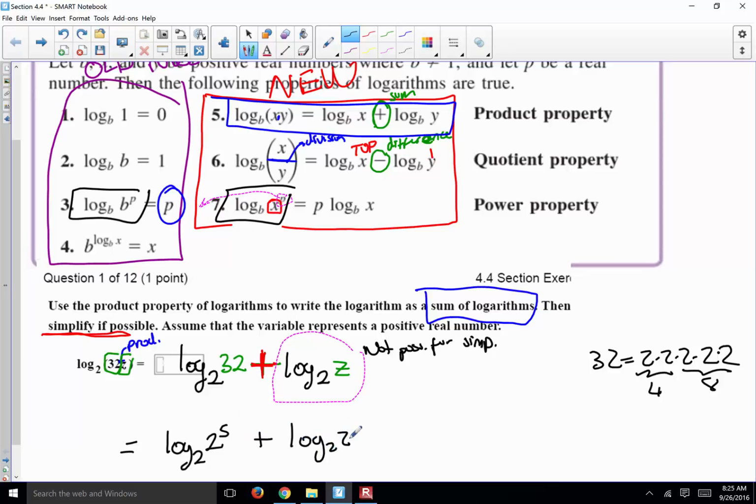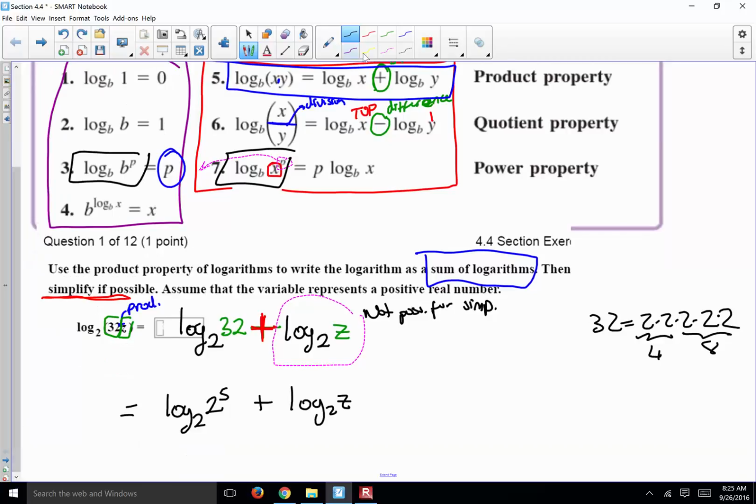Okay, now what do I do with this 5? So these are matching. So by rule number 2, they are canceling. Rule number 3, I'm sorry. Rule number 3 says this can be cancelled and it becomes only 5.